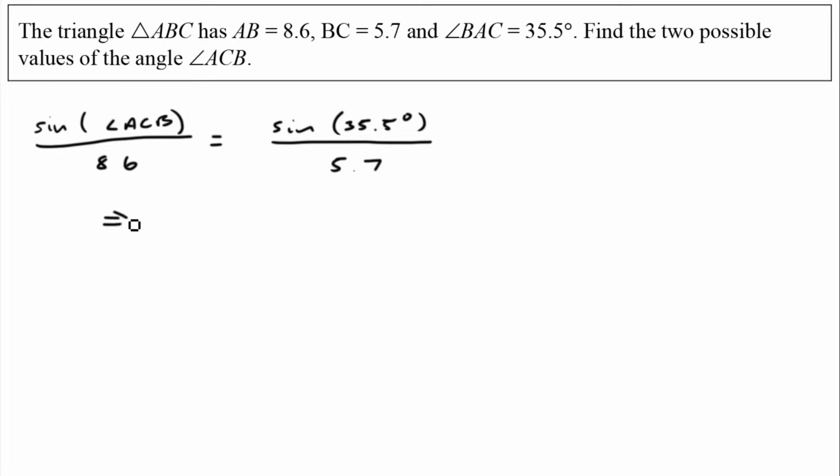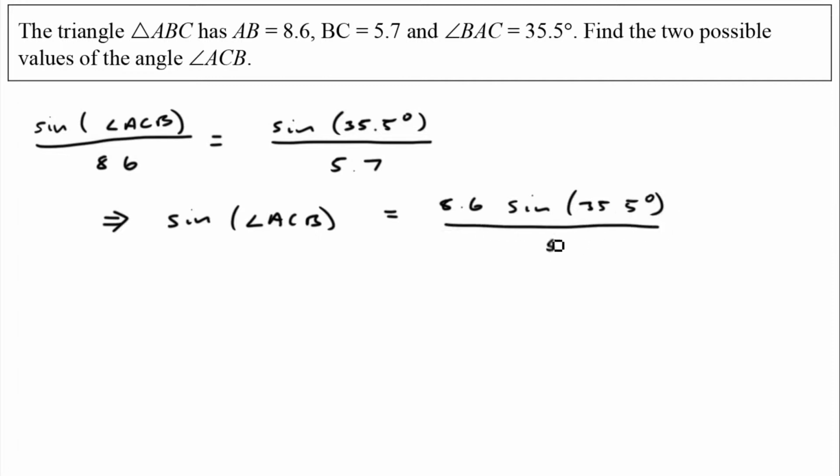So therefore we have that the sine of angle ACB is 8.6 multiplied by the sine of 35.5 degrees divided by 5.7.